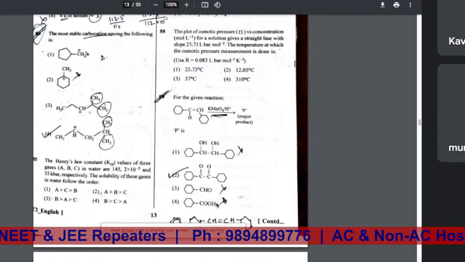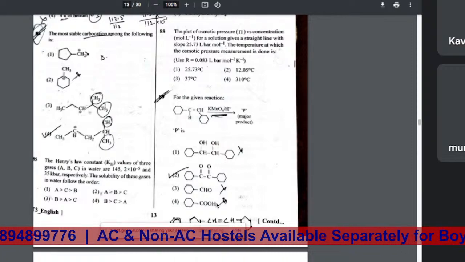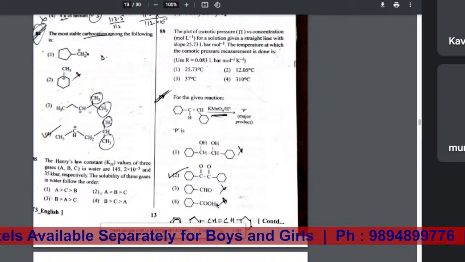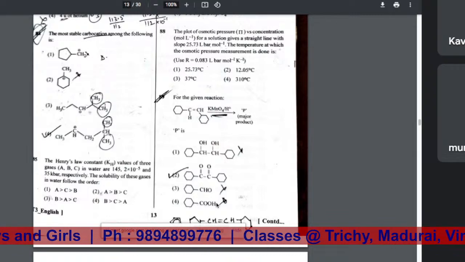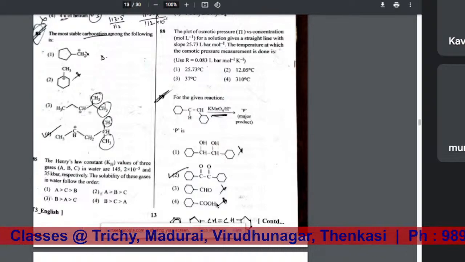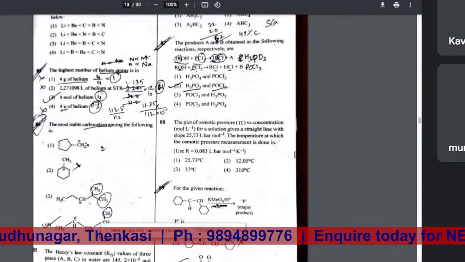So A has a larger KH value, so its solubility will be very less. C has a larger KH value than B, so its solubility will be less, but more than A. So B will have more solubility. The correct answer is 4: B greater than C greater than A, because KH is inversely related to solubility.